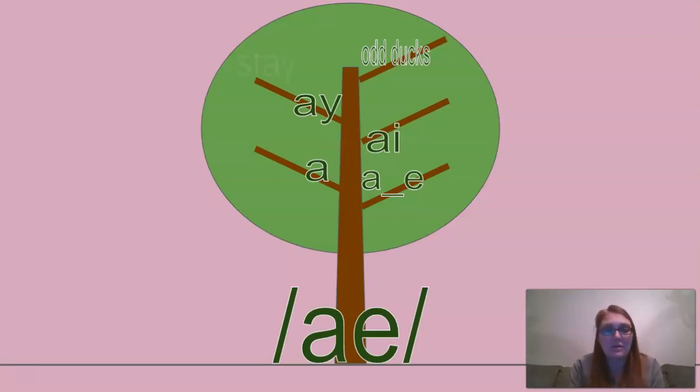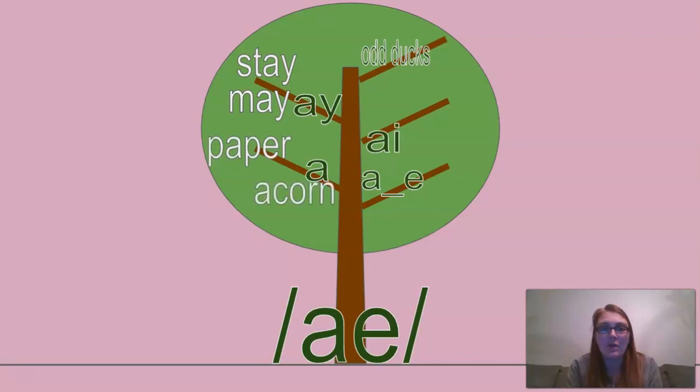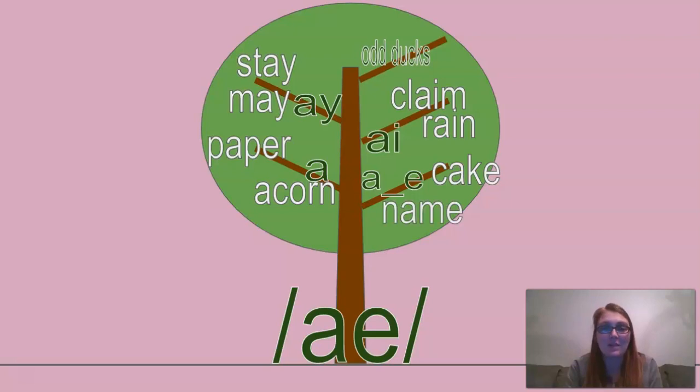So a few examples: stay and may for the AY, paper and acorn with the single A, claim and rain for the AI, and cake and name for A space E. This tree, we will add to it, talk about it. It'll become a good resource for us as we continue with the A sound.